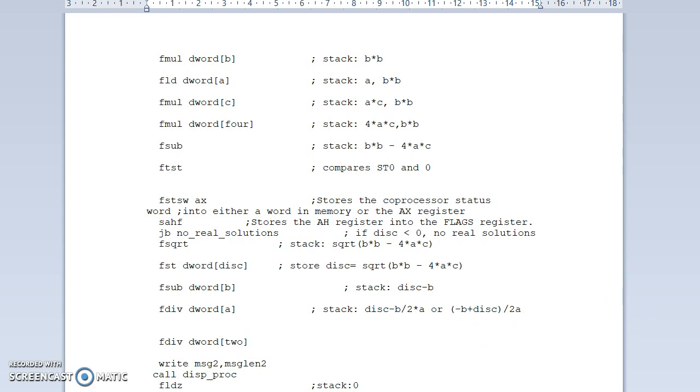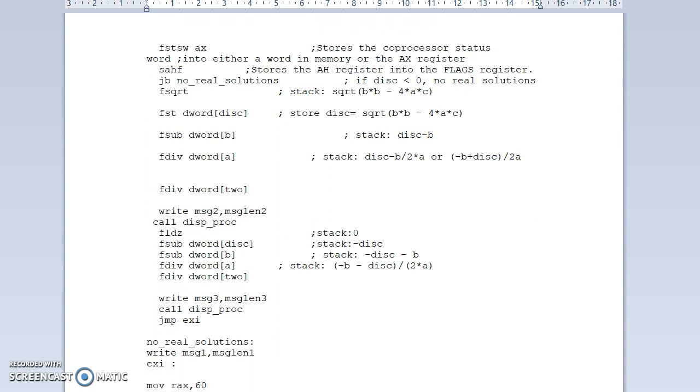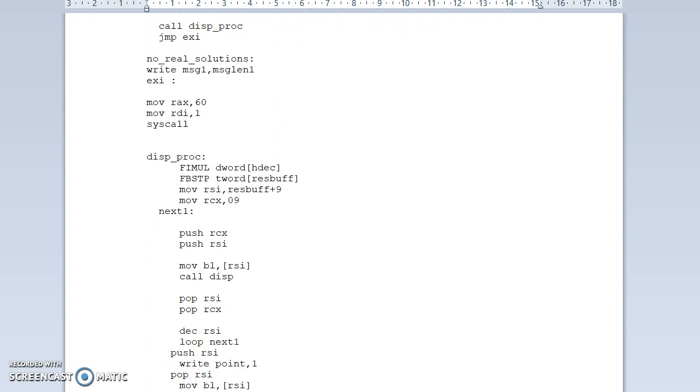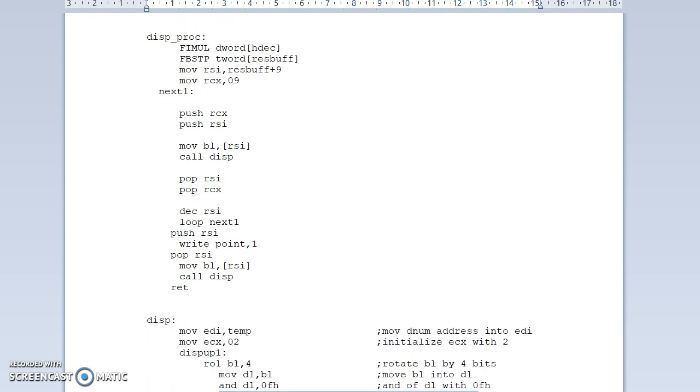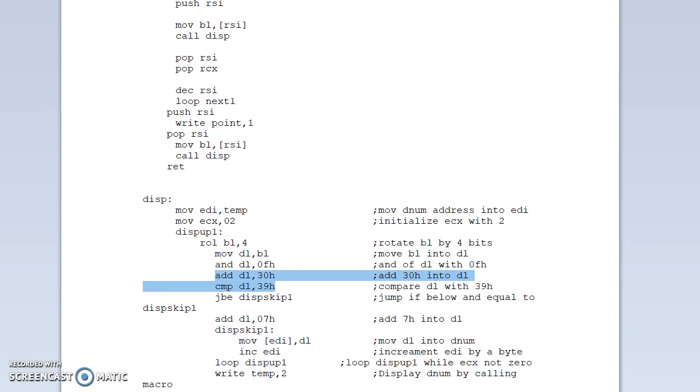Now another thing that is associated with this program is to display the value of the result. For that, the same logic that we used for displaying in our normal assembly language programs will be used here. So the hex value will be converted to ASCII, and accordingly the result will be displayed in the program.